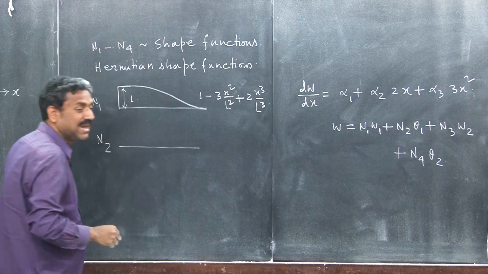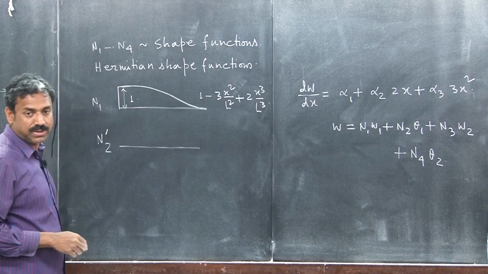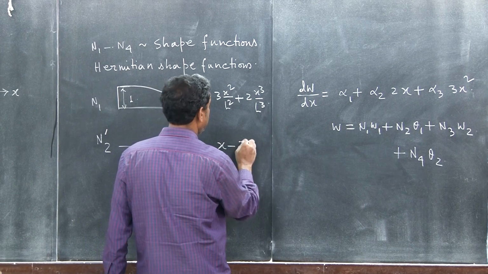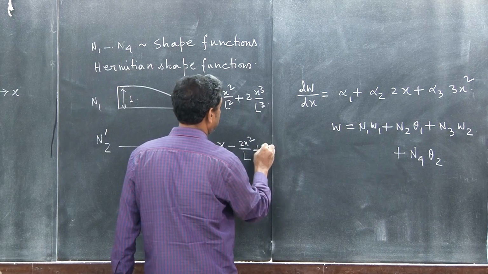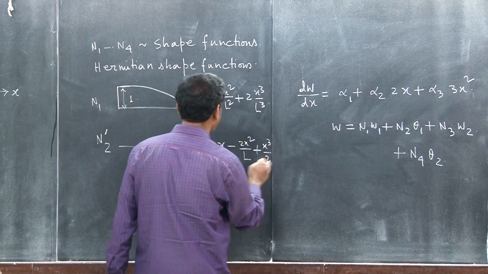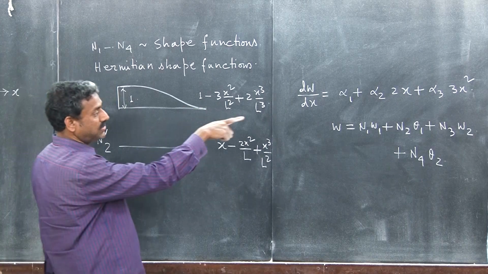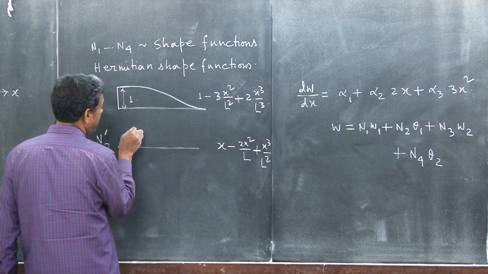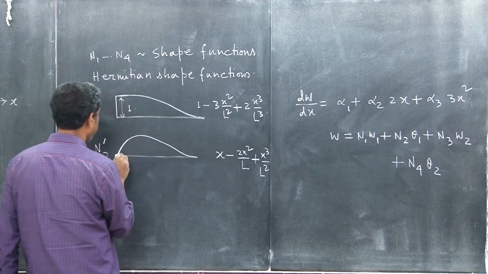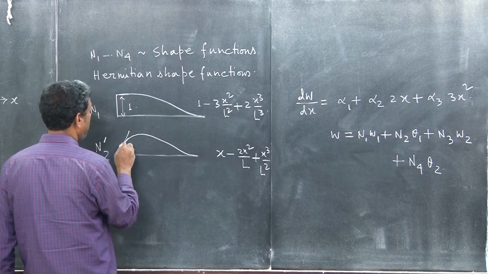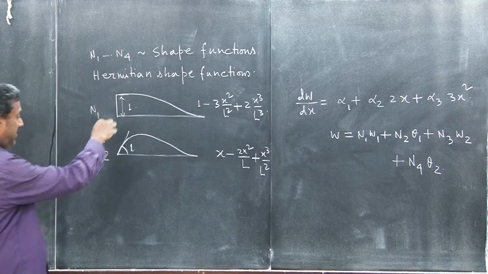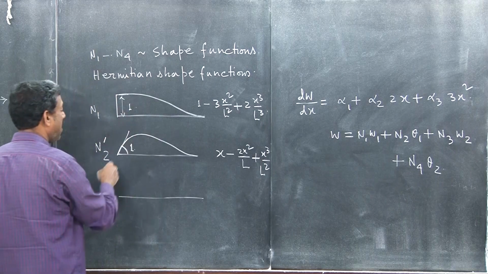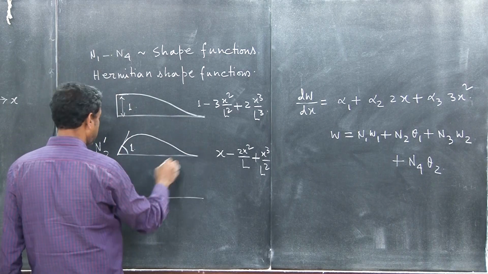You cannot plot N2 directly, but you have to plot the derivative of N2, which is x minus 2 x square by L plus x cube by L square, differentiated. Why the derivative? Because W is related to theta 1, so dW. If you take the derivative, it will have a value of 1 and slope 1. Similarly, you can plot the other two shape functions. At node 1 they are 1 and elsewhere they are all 0.